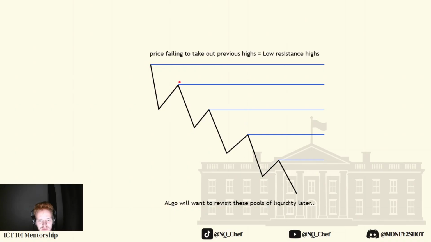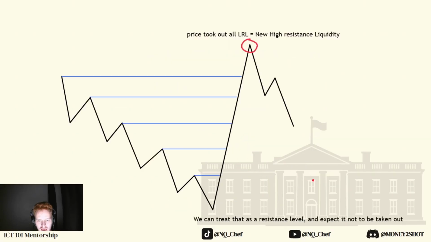Here are highs being made in a sell program, and we're failing to take each consecutive high out. And we can form either part of this buy program targets where we want to leave the markets in profit, or we're waiting for price to take out the low resistance liquidity, low resistance highs, to then plot a reversal.